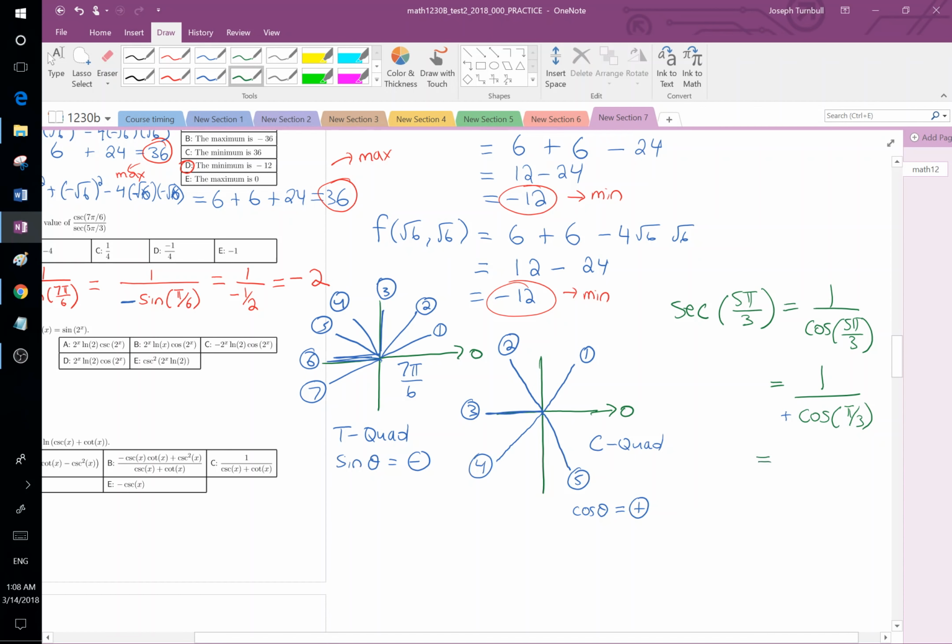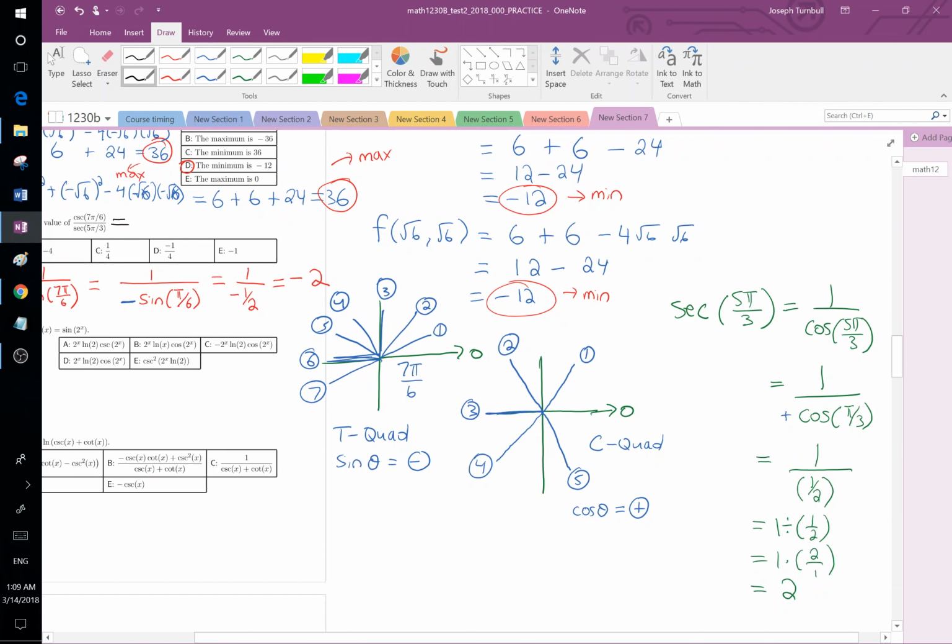Now, pi over 3 is also in the 30, 60, 90 triangle. And when we draw it out, we'll find cos of pi over 3 is 1 over 2. And then 1 divided by 1 over 2 is 1 multiplied by 2 over 1, which is positive 2. We'll skip that step for the previous one. Anyway, we can combine these results now.